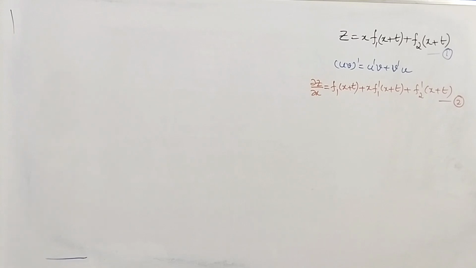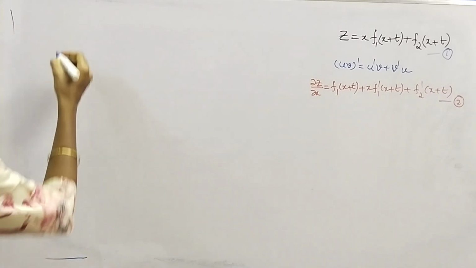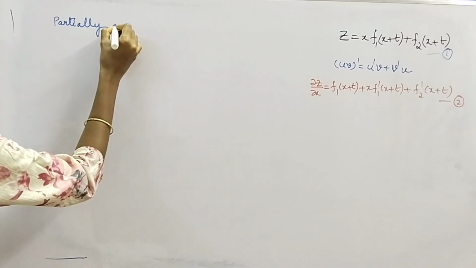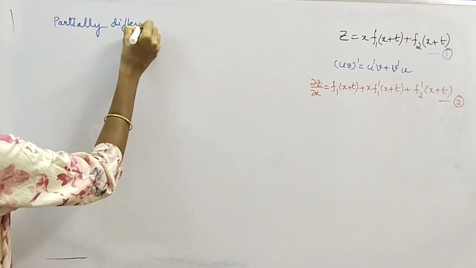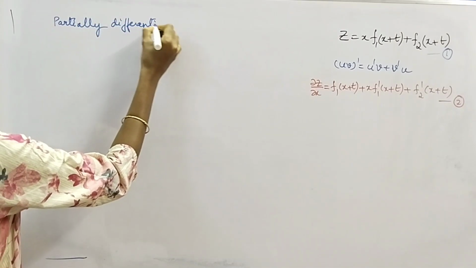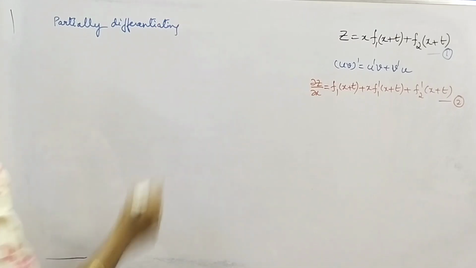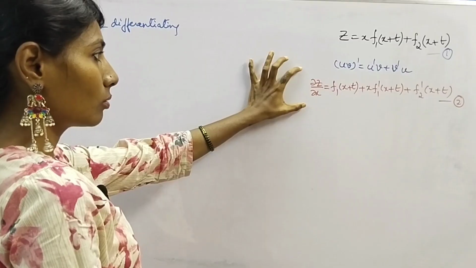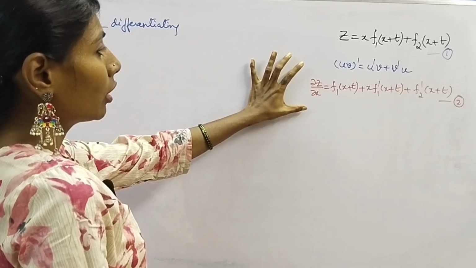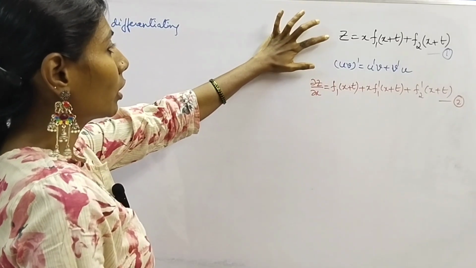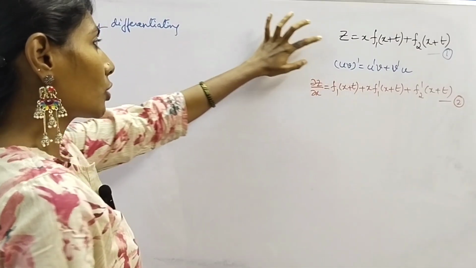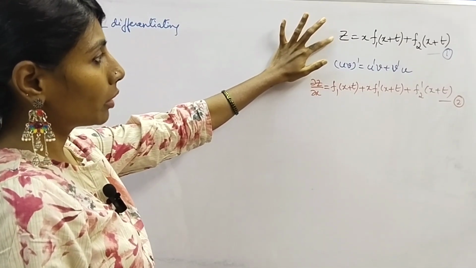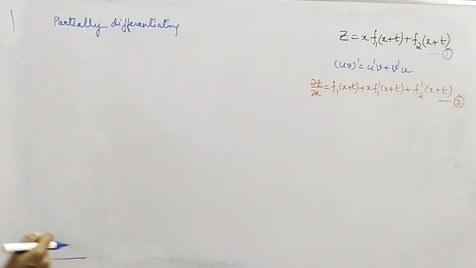Now partially differentiate 1 with respect to y. Actually you can differentiate equation 2 with respect to x, or you can find the partial derivative with respect to the second variable now.